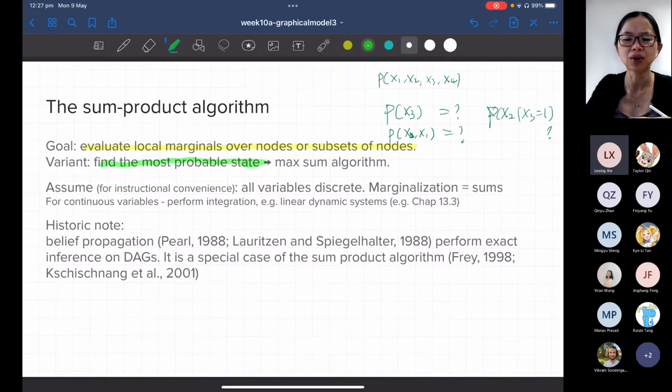Anyway, for convenience, we are going to work with graphical models as if all variables are discrete in the lecture. Therefore, when we say sums, this can be generalized with integrals over continuous variables.